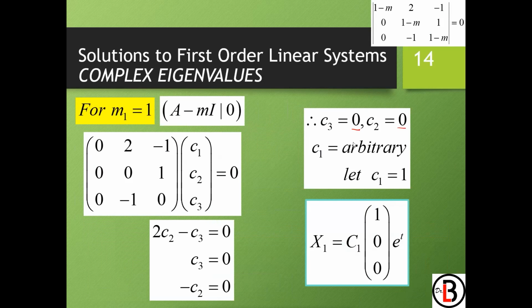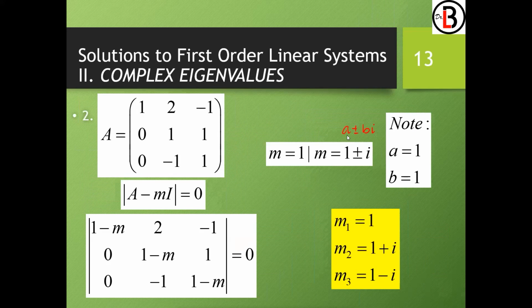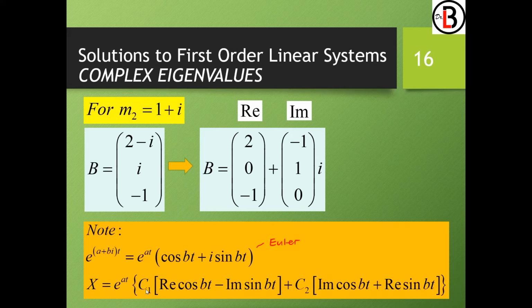This is A, right? As I showed you earlier, A is 1, B is equal to 1. So the A and B that you see there are here. So A is 1, B is equal to 1 also. The real is this one, the matrix. The imaginary here that you see is the coefficient of i.